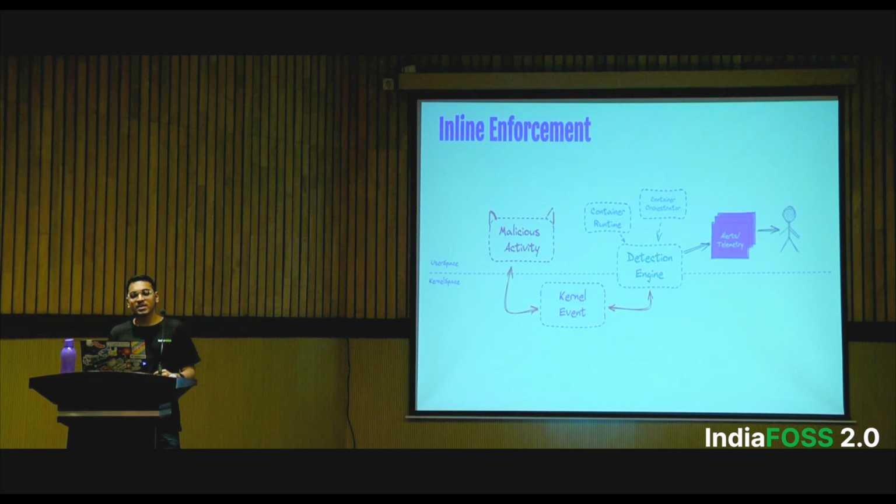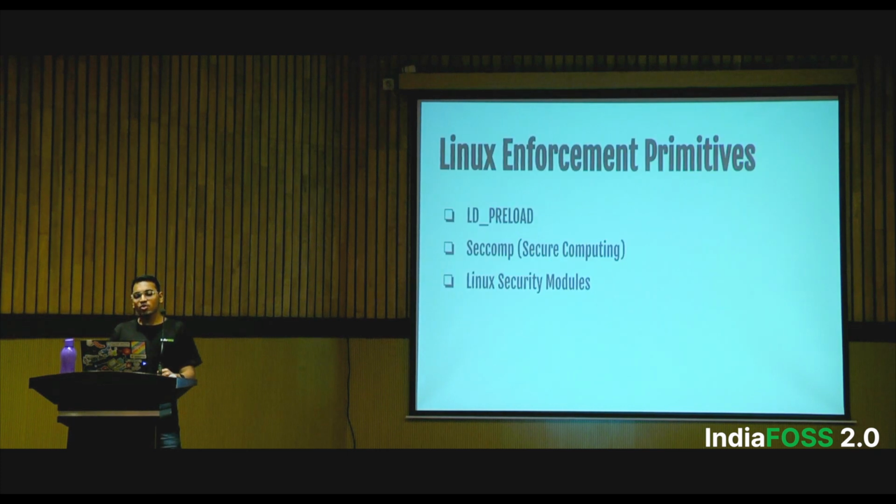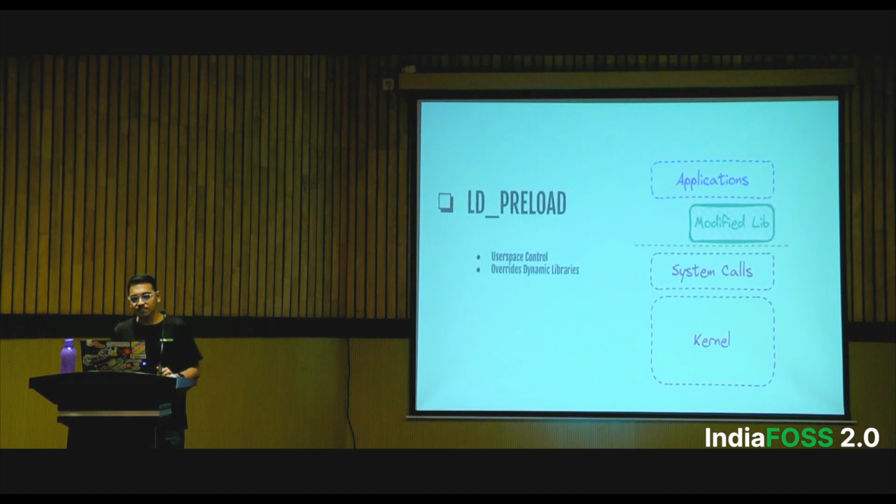And that's what inline enforcement is all about, which is important to container runtime security. So what tools and primitives do we have to have this Linux inline enforcement? We have LD preload, seccomp, Linux security modules. Let's go through each of them and see the pros and cons for them.